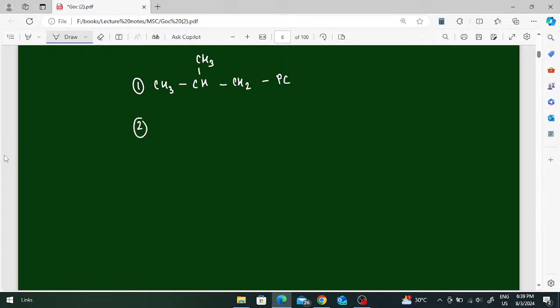And in the second case, I have CH3, CH2, CH2, CH2, parent chain. Here I have 6 carbons, here I have just 4 carbons, but we know that this has a branch over here, this has no branches. So what wins? 1 wins over 2, because here the number of branches is 1.